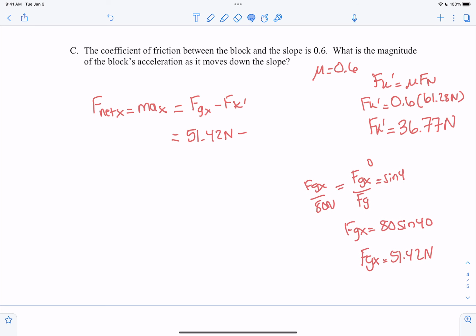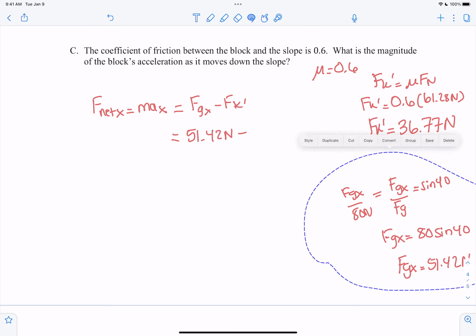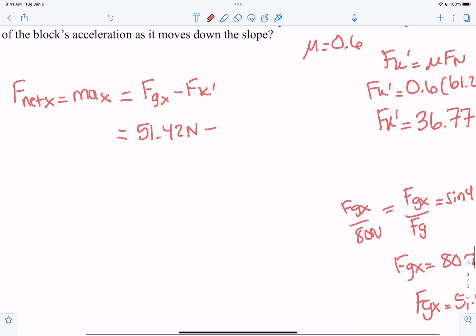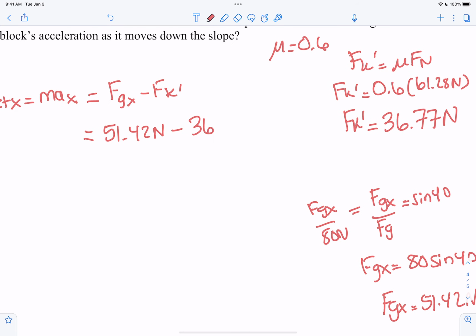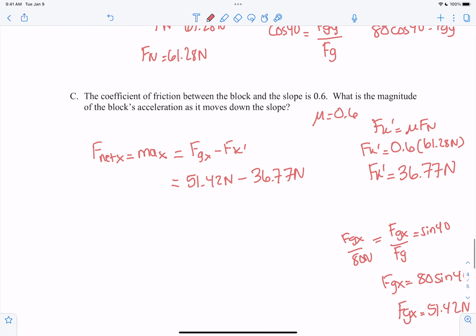Then we can just throw that back into the equation: 51.42 newtons, move things over here, minus FK prime, that's 36.77 newtons, and that's equal to MAX. The mass was 8 kilograms, so 8 kilograms times AX, and then we can just solve for AX.